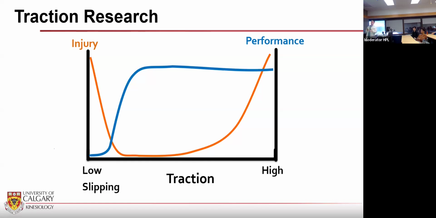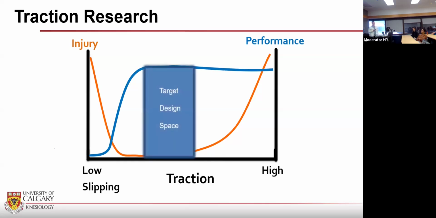So by using all this previous data that we've collected, this allows us to identify a target design space in terms of outsole traction. So this is the region of this traction curve where we want to aim to design our footwear, our sports surfaces.